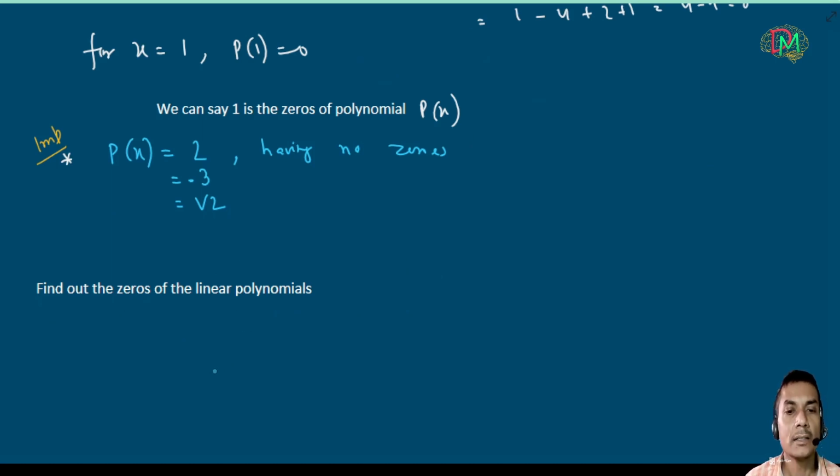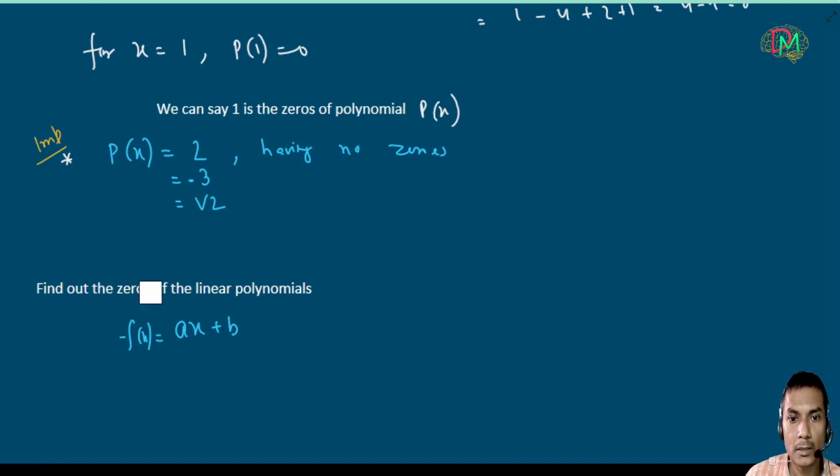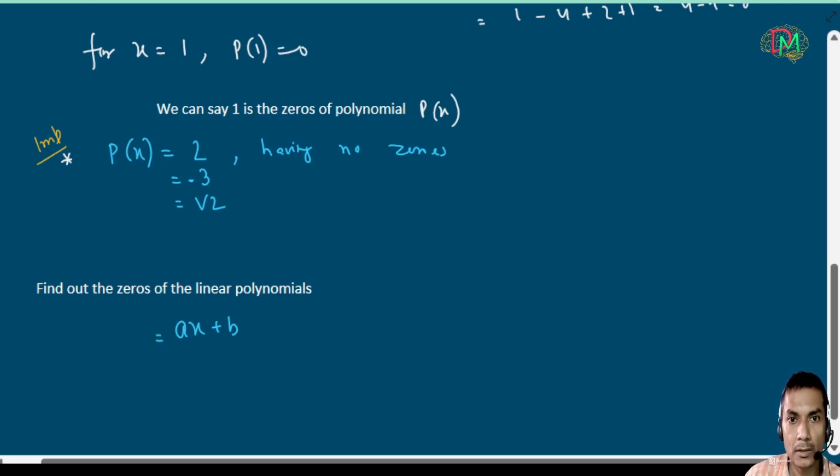Later we learn the zeros of quadratic polynomials by the factorization method. Okay, clear? So how can you do that? Take one example: we know that ax plus b is a linear polynomial, and we take the function as p(x) equal to ax plus b.